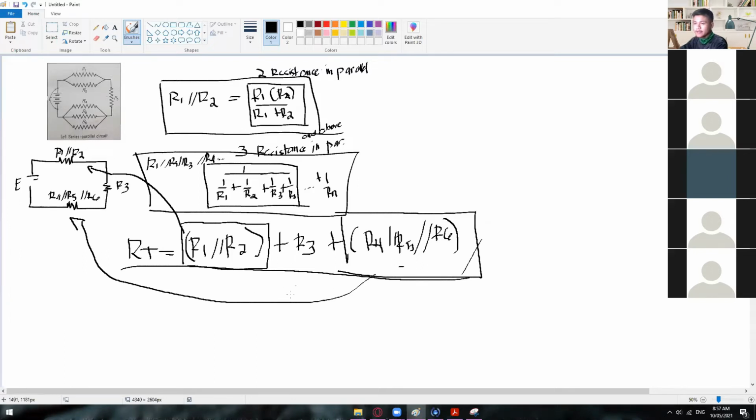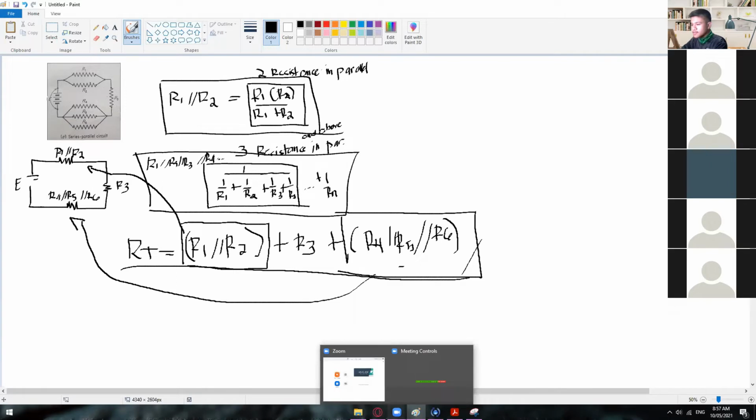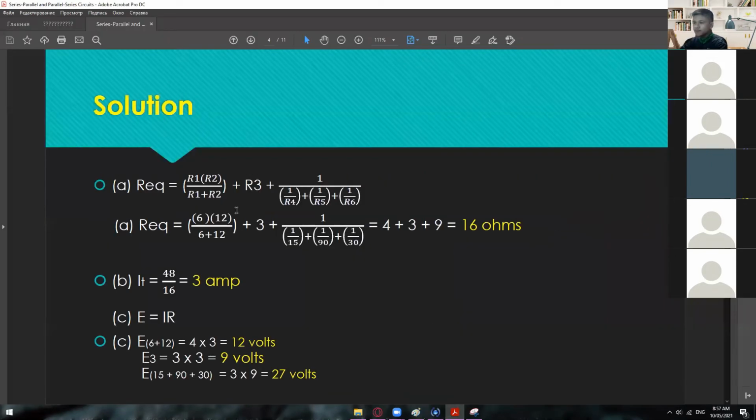So, parang nagkaroon din kayo ng series connection or simplified series circuit kapag na-solve nyo na yung mga parallel connections sa circuit na to. Okay? So, ito yung pinaka-first unit, second unit, and then third unit.